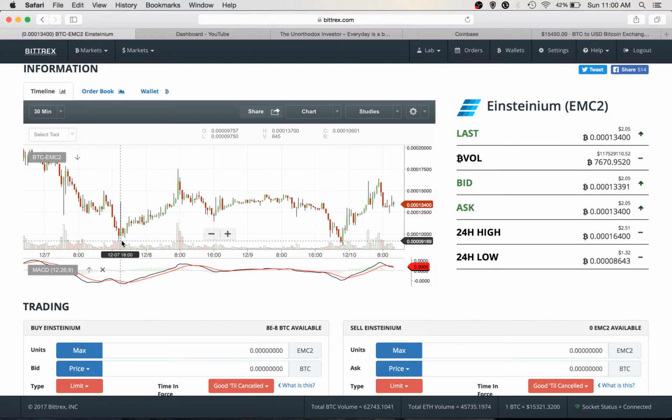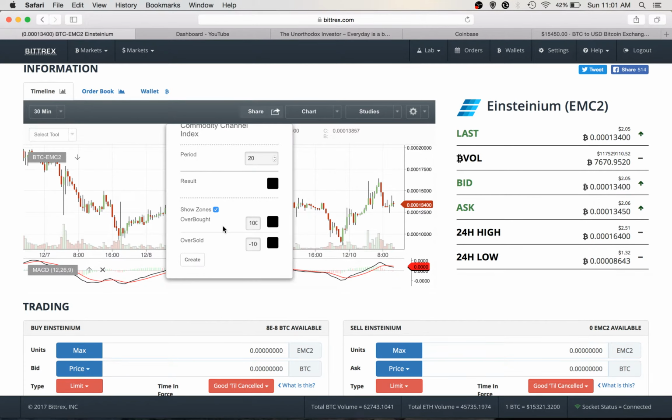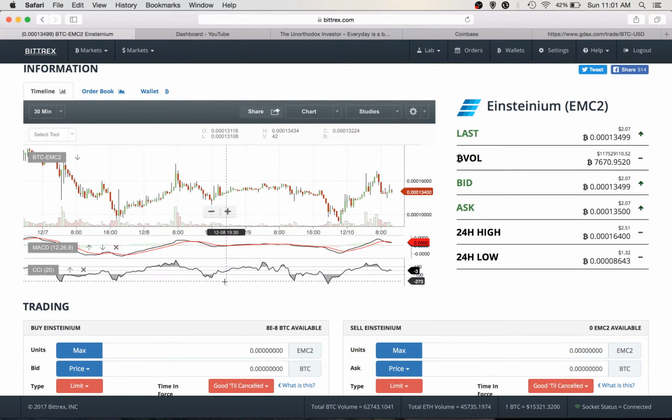The Commodity Channel Index shows overbought, oversold zones. I'd like to add it doesn't do it as well as an RSI, which I'll talk about in a minute. But the real winner here is you see where the line and the momentum swings across the zero axis.